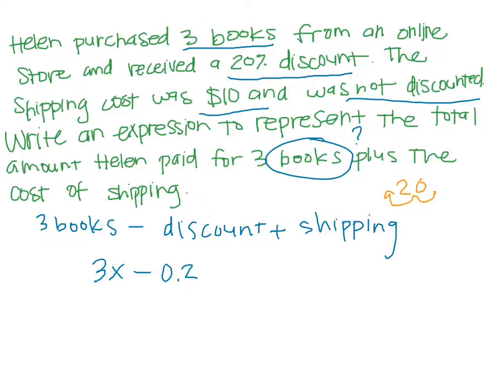So in our last example, we did 25% or 0.25 times x. This time I'm doing 0.2 times 3x because I have 3 books. And plus, I need to add the cost of shipping, which is $10.